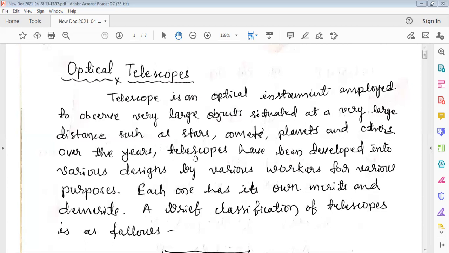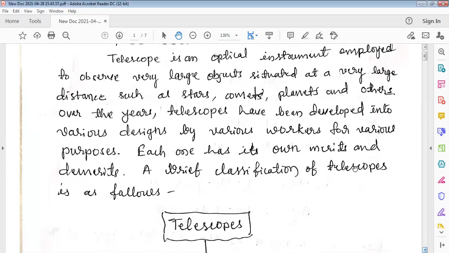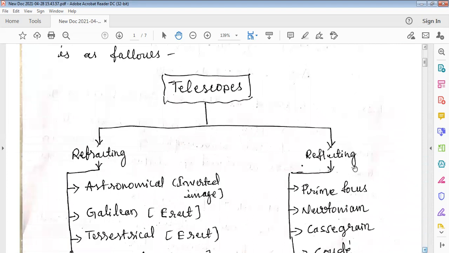Over the years, telescopes have been developed into various designs by various workers for various purposes. Each one has its own merits and demerits, and a brief classification of the telescopes is as follows.